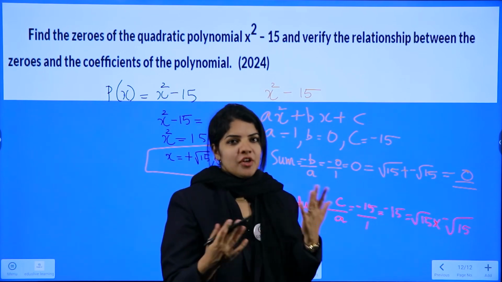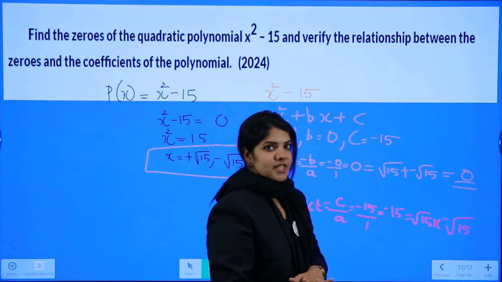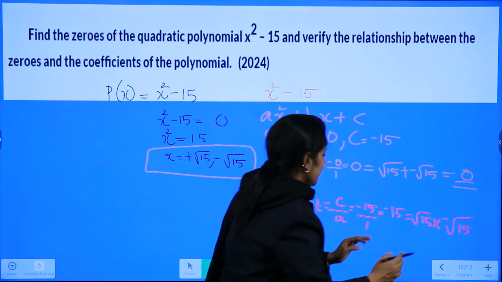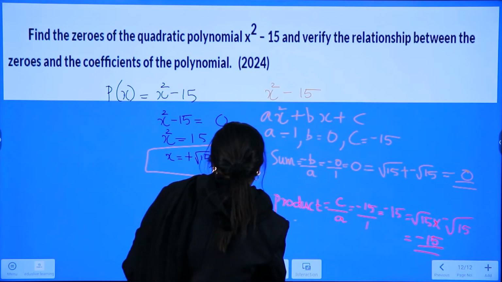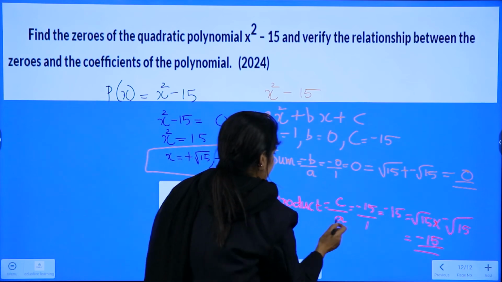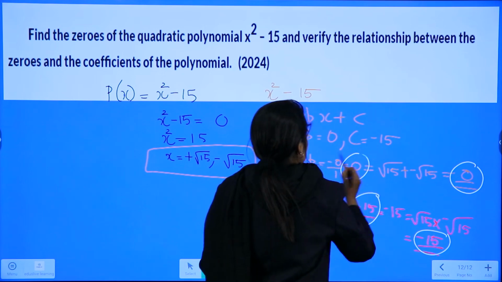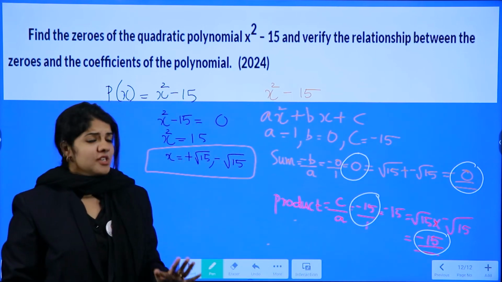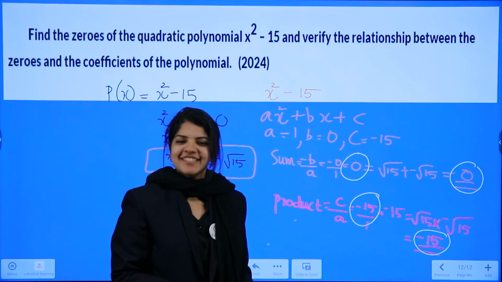Similarly, root 15 into root 15 is 15. But one is positive, another one negative. For multiplication, the answer will be negative. So it is minus 15. So it is verified. And this question is also very important. Okay. I hope all the questions are clear. Thank you.